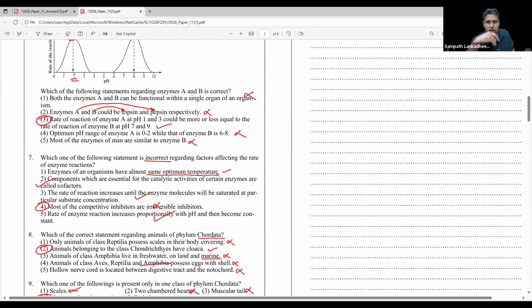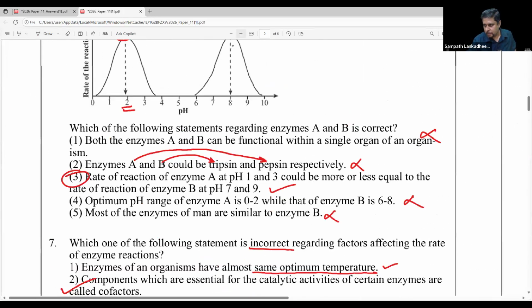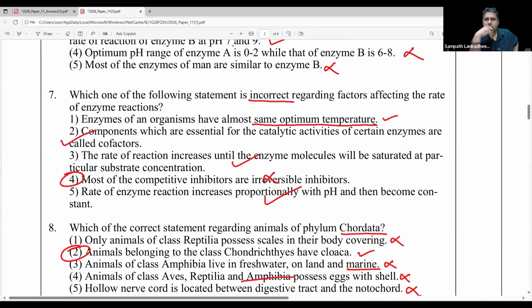Okay, most of the competitive inhibitors. Which of the following statements is incorrect regarding factors affecting the rate of enzyme reaction? Most of the competitive inhibitors are irreversible inhibitors.